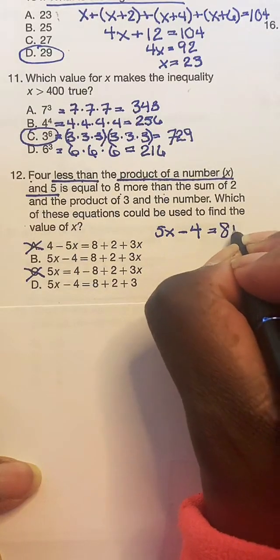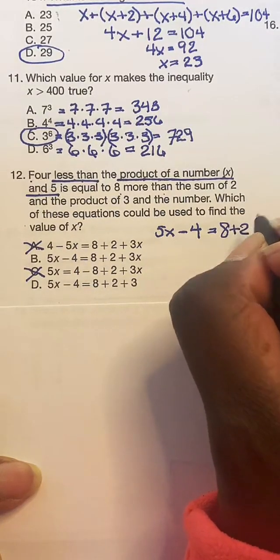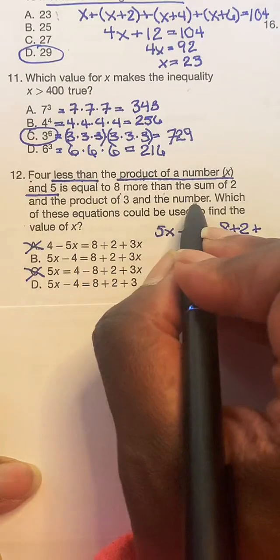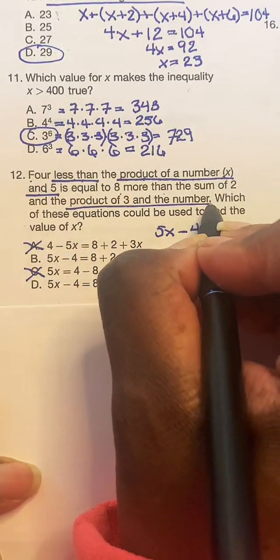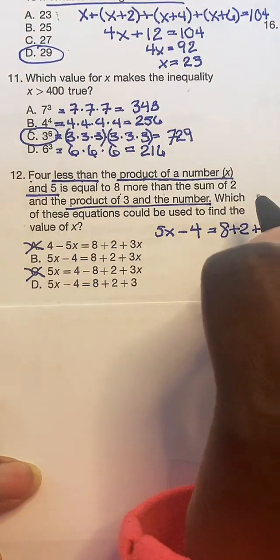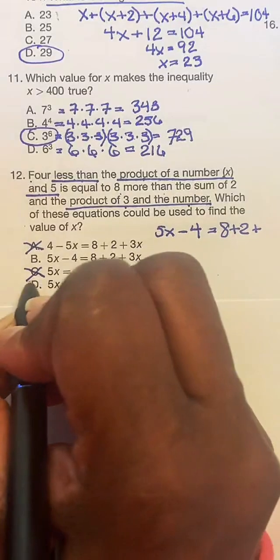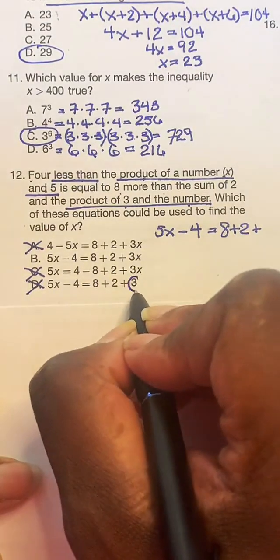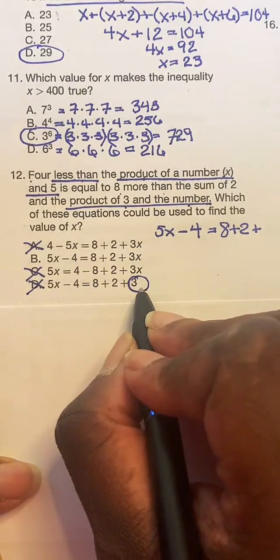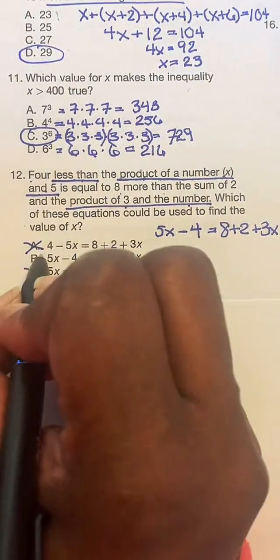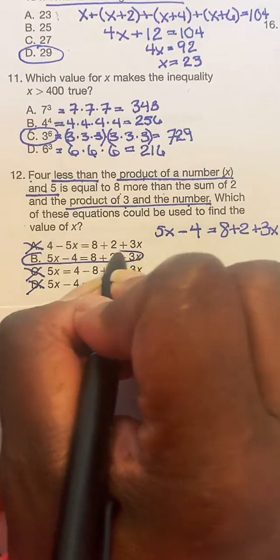So you have your 8 plus 2, and that's our plus. The product of 3 and a number. Again, product of, that's multiplication. So that means we're multiplying 3 and the number. Well, D is out because look at the 3. It doesn't even have an X next to it. So your answer is actually going to be B.